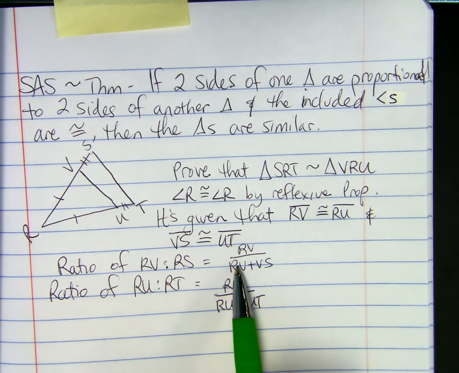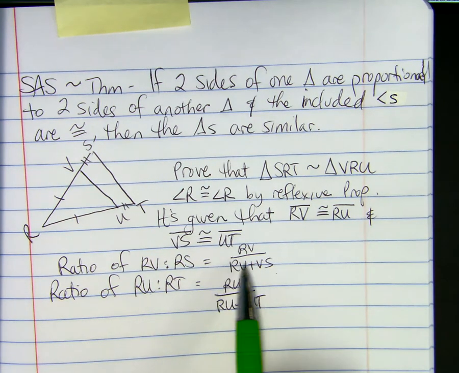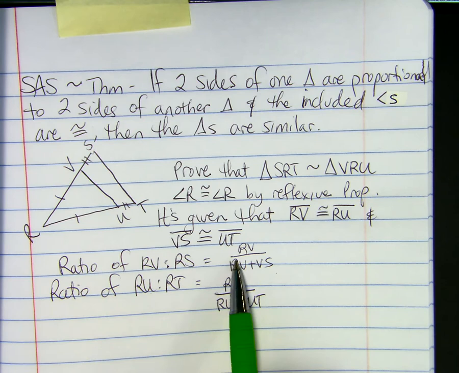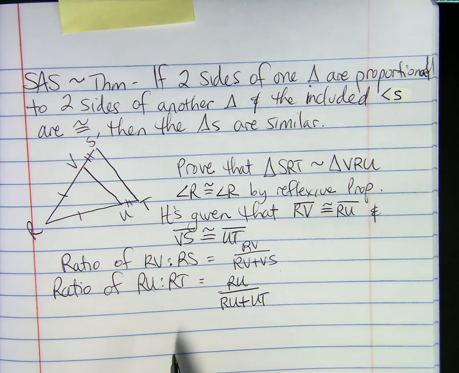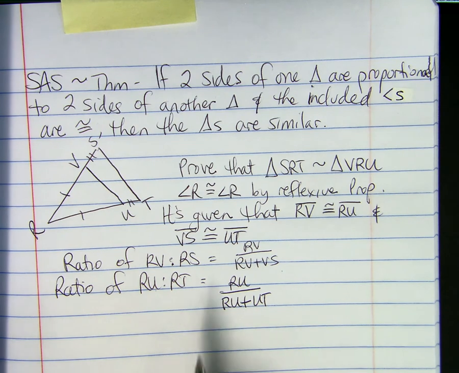Because RV equals RU and VS equals UT, you can substitute and the ratios will be equal.